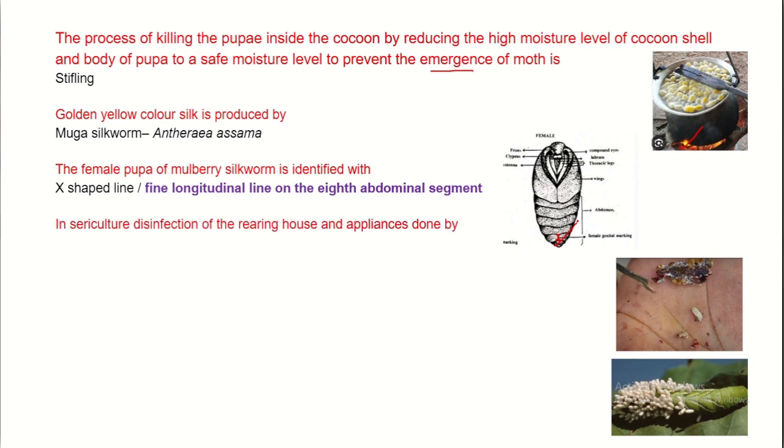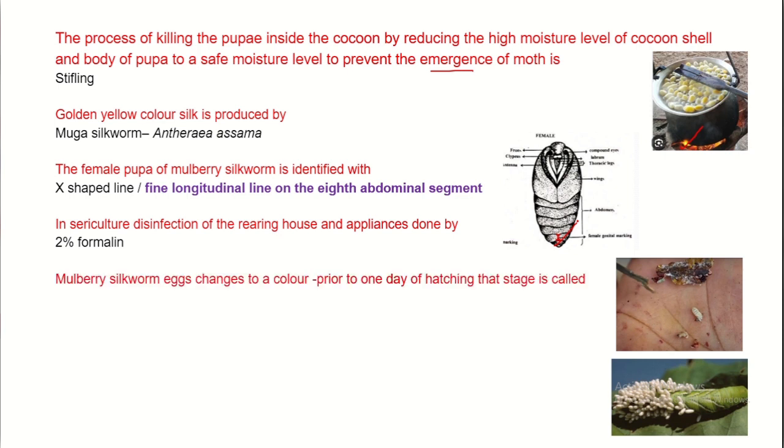In sericulture, disinfection of rearing house and appliances is done with 2% formalin. Mulberry silkworm eggs change color one day prior to hatching; that stage is known as the blue egg stage.